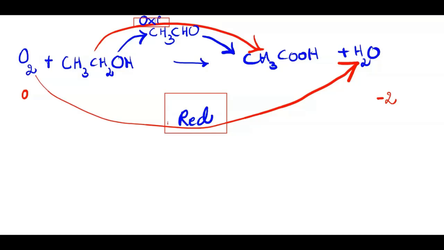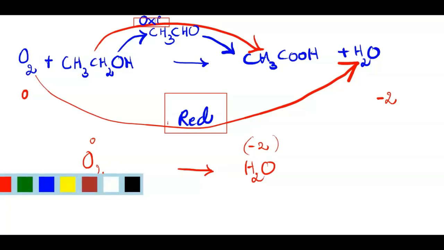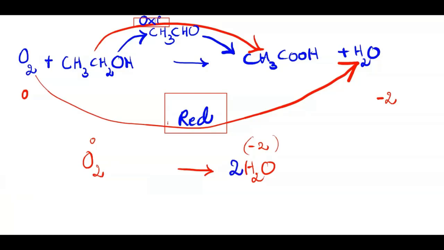So for this purpose you divide the equation, and you get the first equation, which is oxygen changing to water. You find the oxidation state: it is 0 going to -2. As we have two oxygen atoms, you need to balance with 2, and the oxygen is balanced.